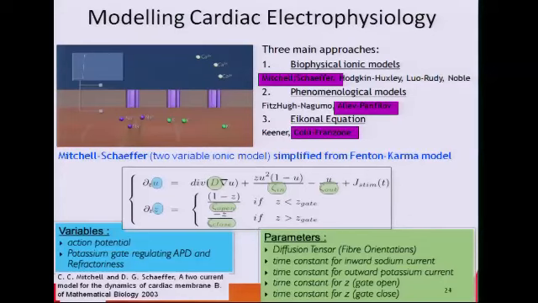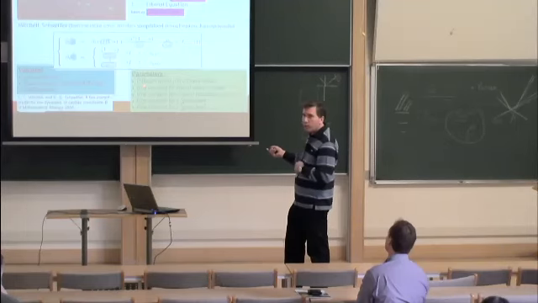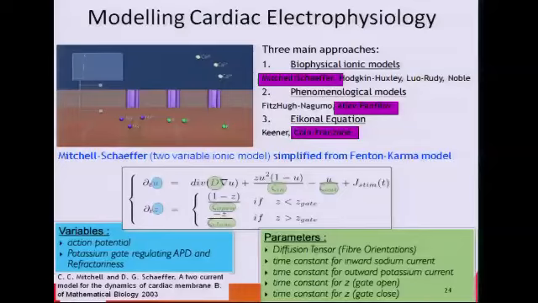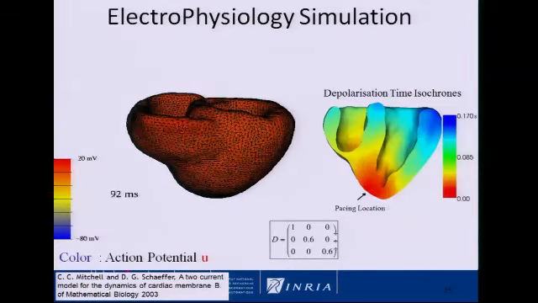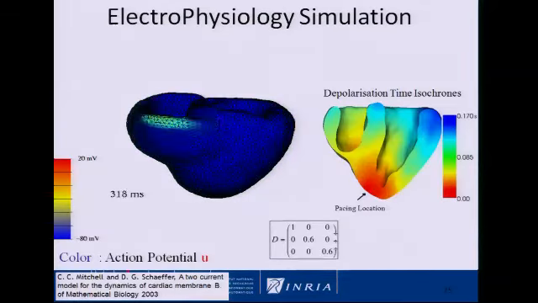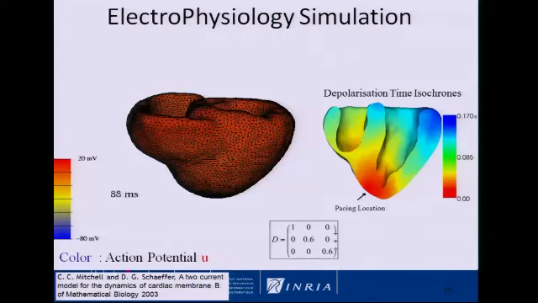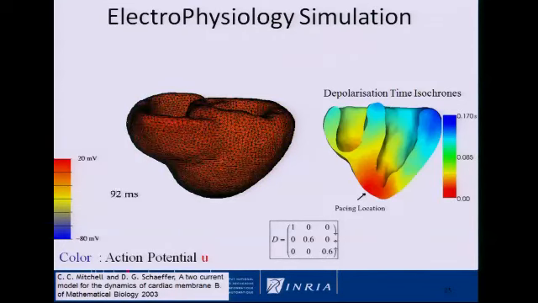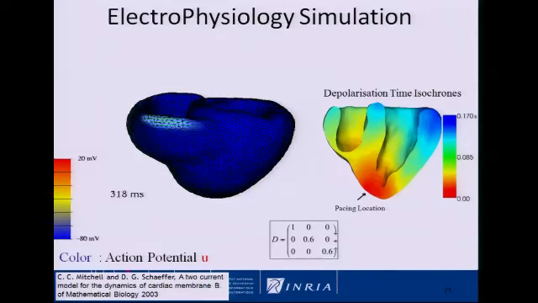Importantly, this equation is governed by 5 different parameters: the diffusion parameter and 4 constant parameters. This is an example of simulations on this Mitchell-Schaeffer model. The color here represents the action potential.